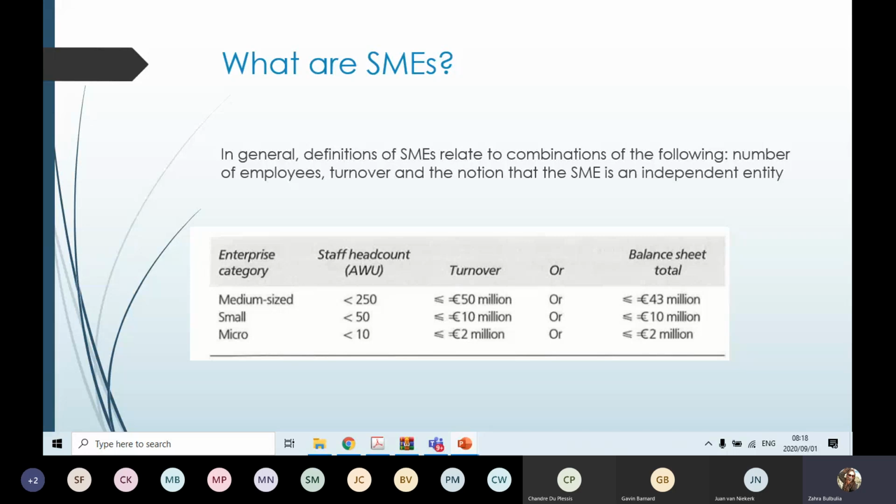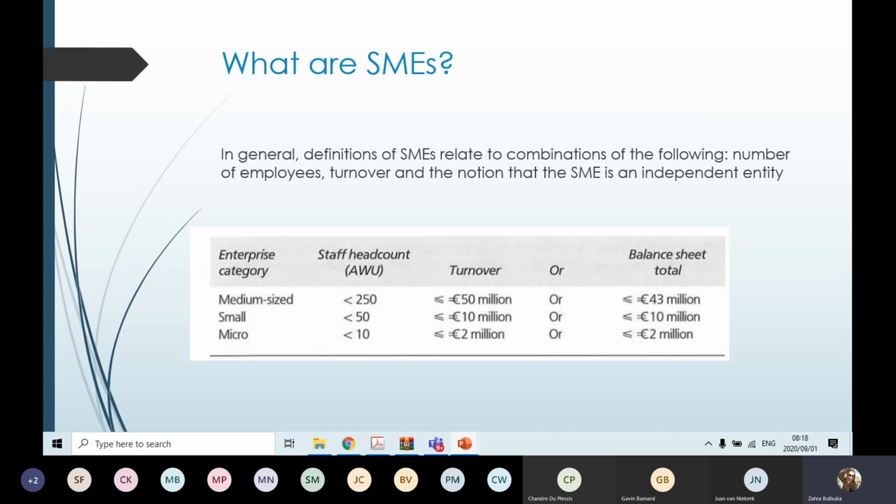In general, definitions of SMEs relate to combinations of the following: the number of employees, the turnover, the notion of a small medium enterprise as an independent entity. So basically, the categories are usually staff headcount, turnover, and or balance sheet total.